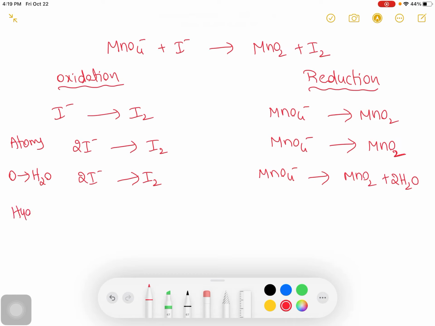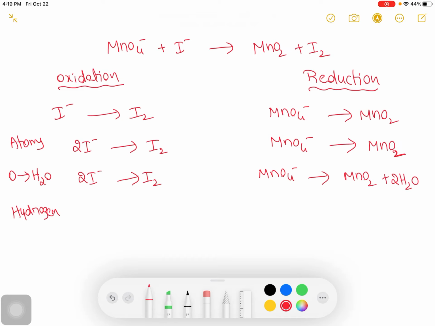Then next step is hydrogen balancing. This hydrogen balancing is different when compared to acidic medium. Only this is the different step. In acidic medium, for balancing hydrogen atoms we add H plus.